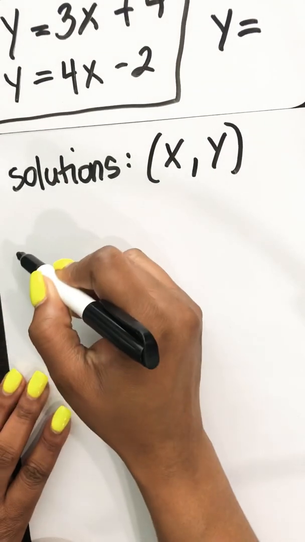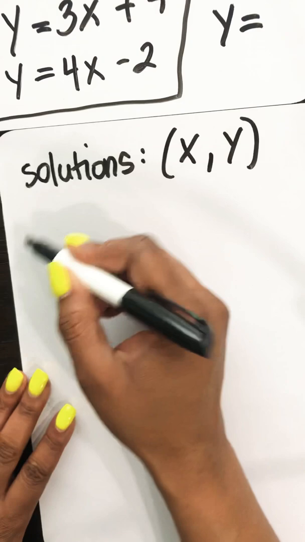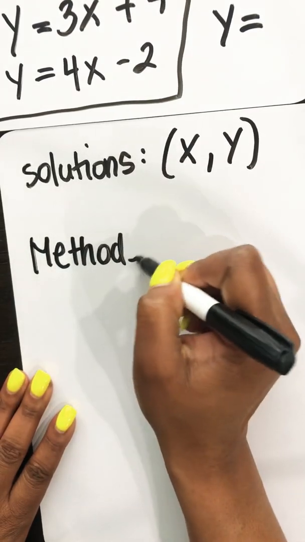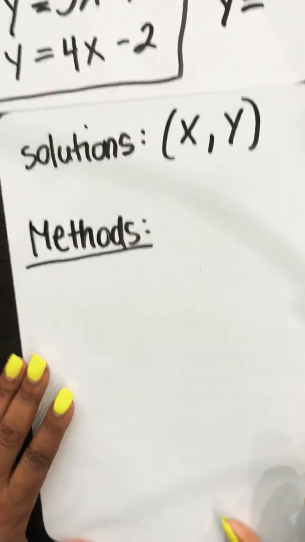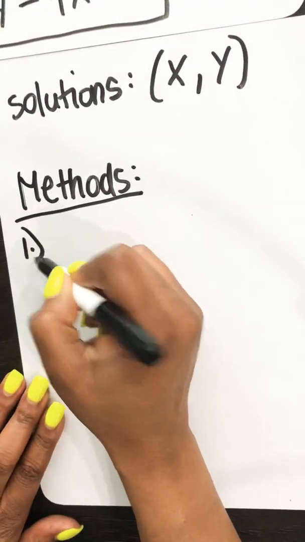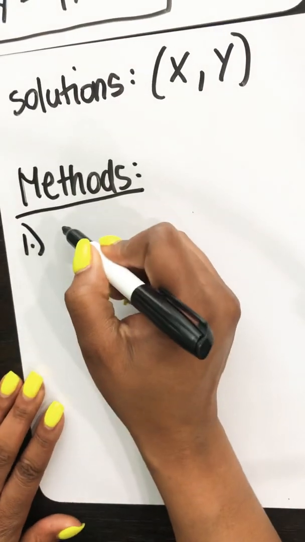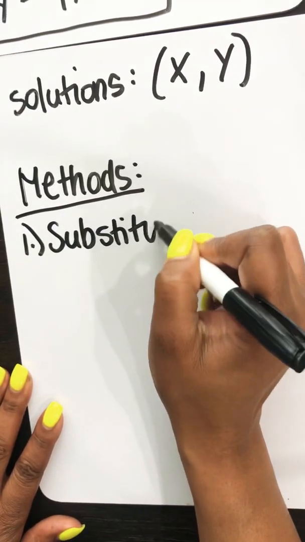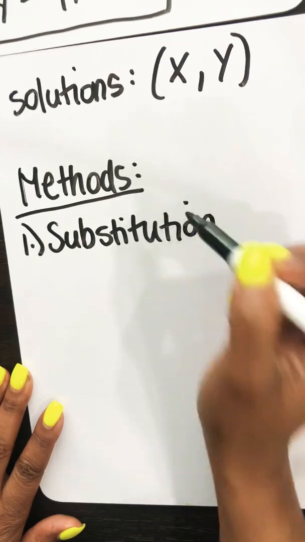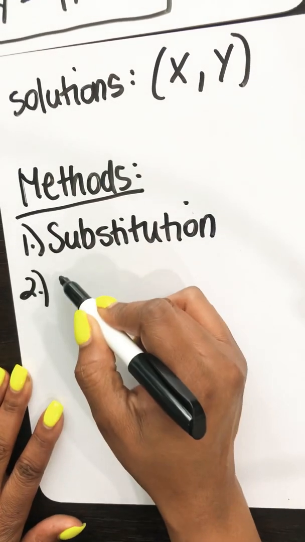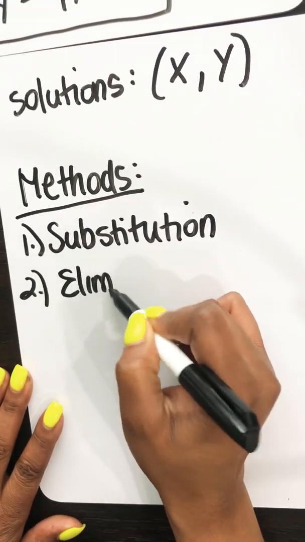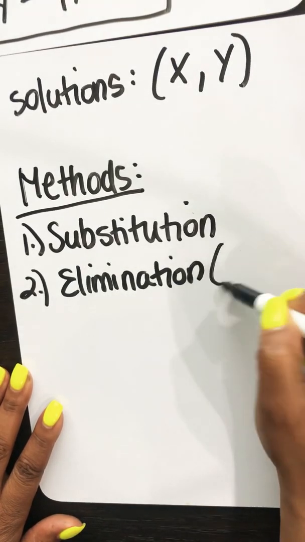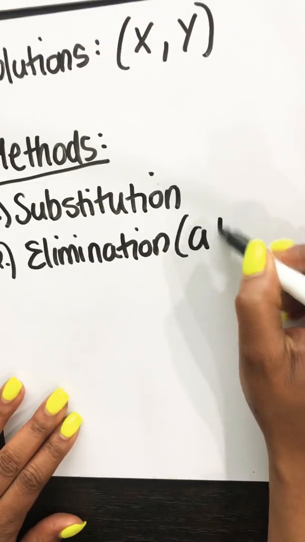And then, when it comes to solving a system of equations, there are 4 methods, okay? The first method, and there's no particular order, is substitution, okay? The second method on my list is elimination. So the elimination method, this is sometimes called the addition method.